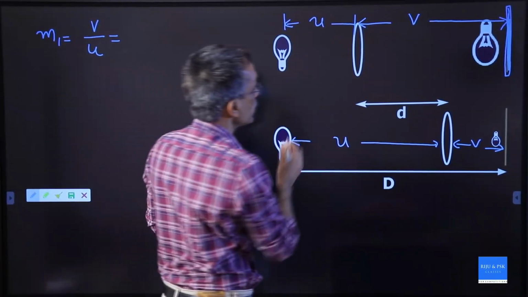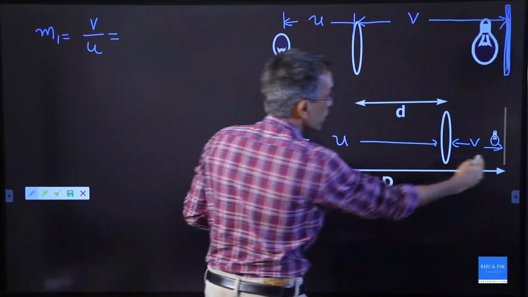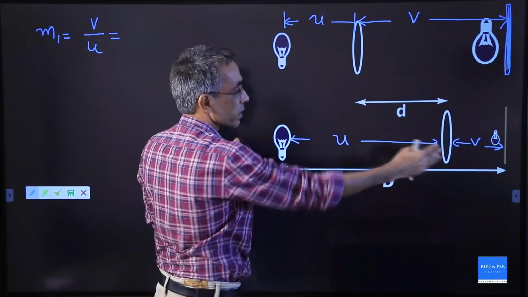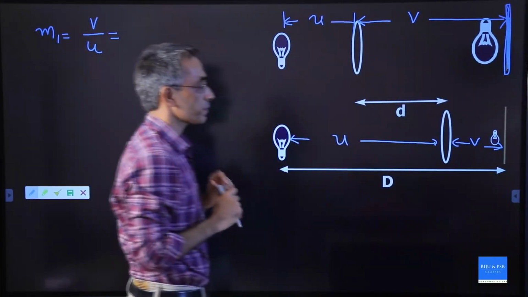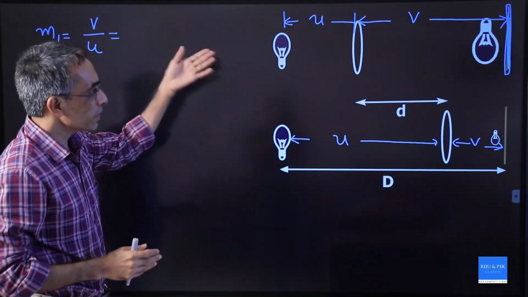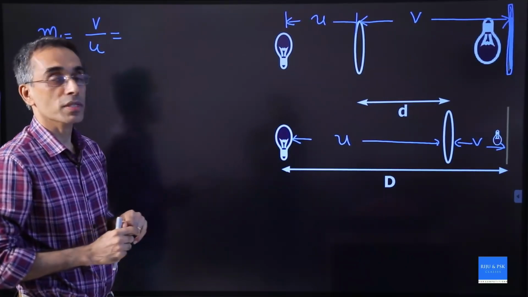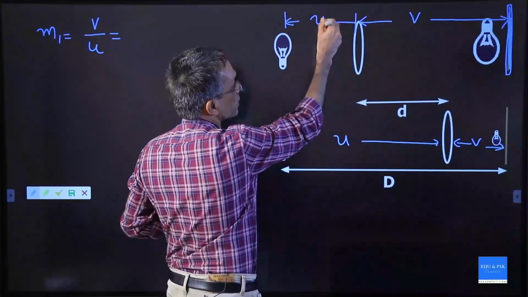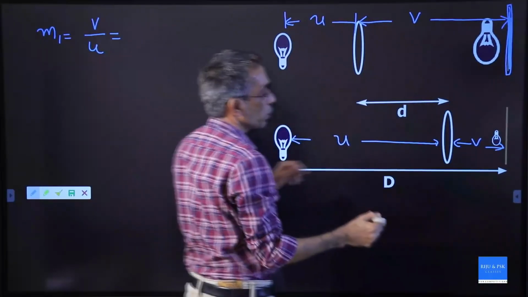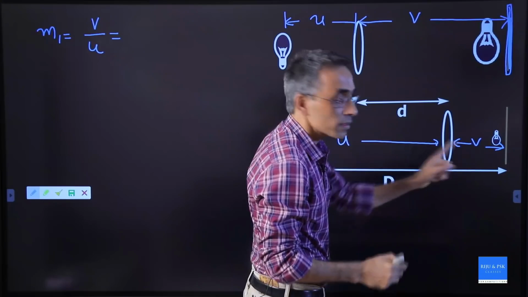You can see from the diagram the total distance is D. This distance is small d. Now it is seen that in these two positions, the object distance in the first case, U, and the image distance in the second case, V, are equal.